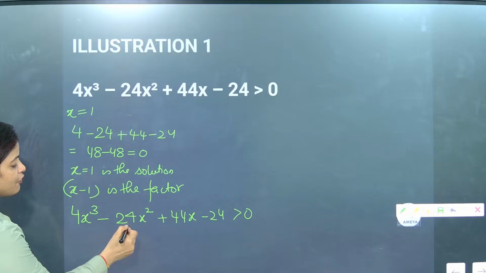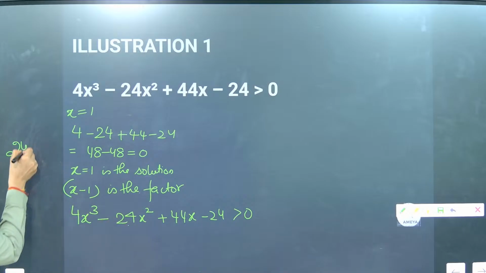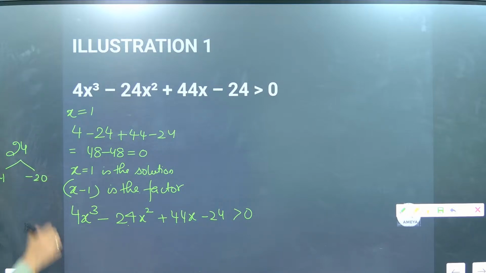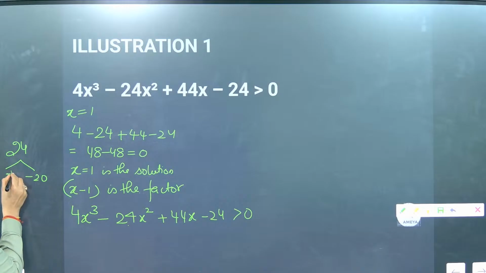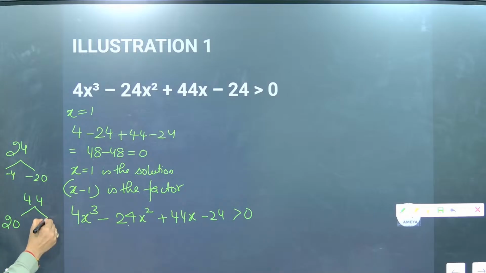Now 24 can be written as 4 plus 20. Look here, how I am breaking it: minus 4 minus 20. Now 44 can be written as 20 and 24.